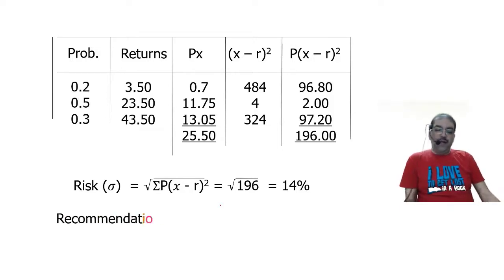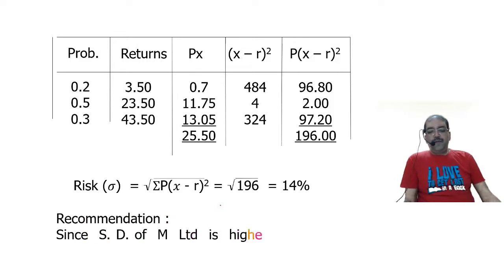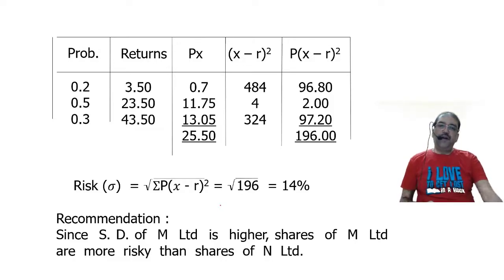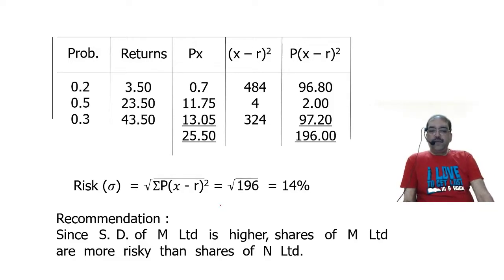So we write the recommendation: since the standard deviation of M Limited is higher, shares of M Limited are more risky than shares of N Limited.